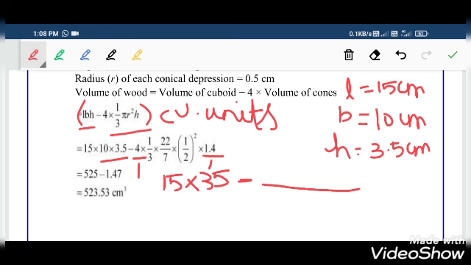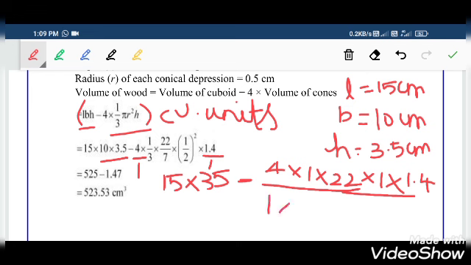So what is the numerator? It seems to be 4 into 1 into 22 into, you need to square the value of 1, you get 1 into 1.4. So now you get the numerator. What is the denominator?